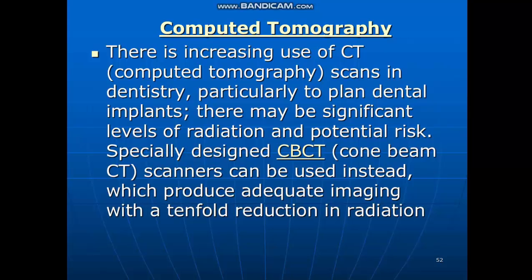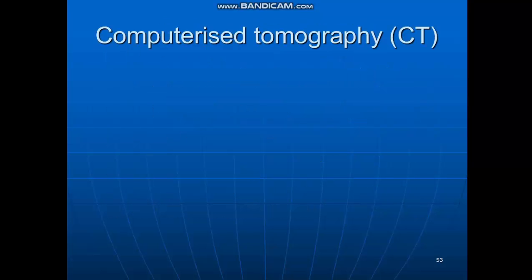There may be significant levels of radiation and potential risk. Specially designed CAT scans, CBCT cone beam computer tomography scanners, can be used instead, which produce adequate imaging with a tenfold reduction in radiation.